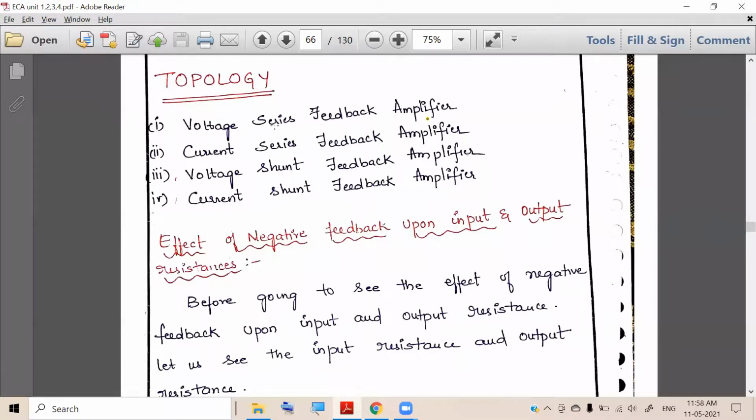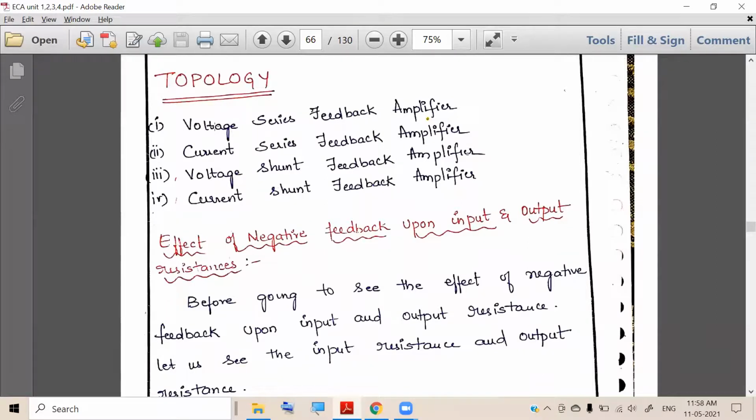So voltage series feedback means this first term represents the output: parallel connection, and input side series connection. Voltage means how will you measure voltage? Voltmeter we connect in parallel.